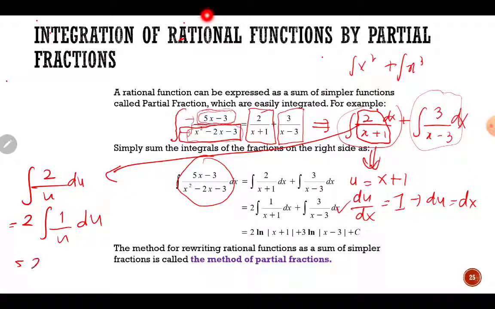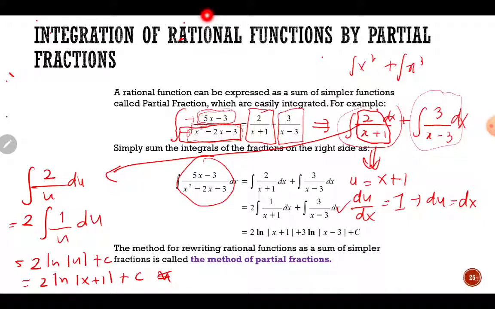From here, the answer is 2 ln u plus c, right? When we differentiate ln u, we get 1 over u. So that's why the integration of 1 over u is ln u. So we have 2 ln of u, which is x plus 1, plus c.